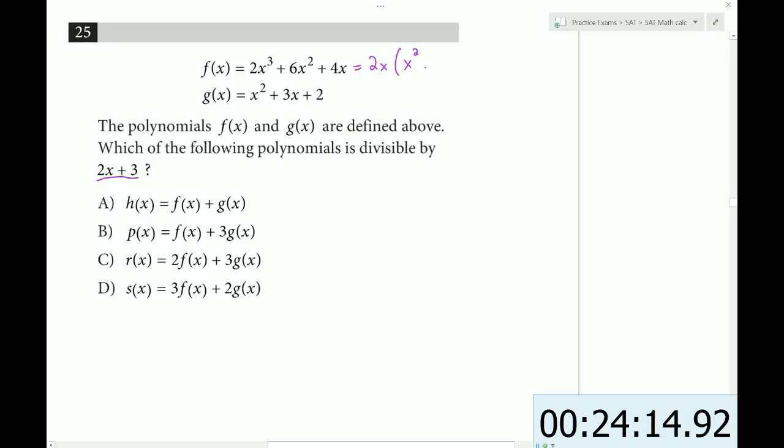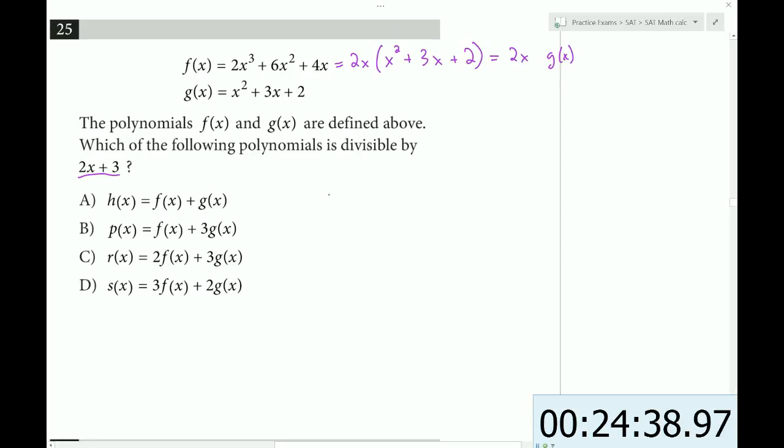x squared plus 3x plus 2. Aha. So notice that that matches up with g of x, right? So I could rewrite this as 2x times g of x. Right.